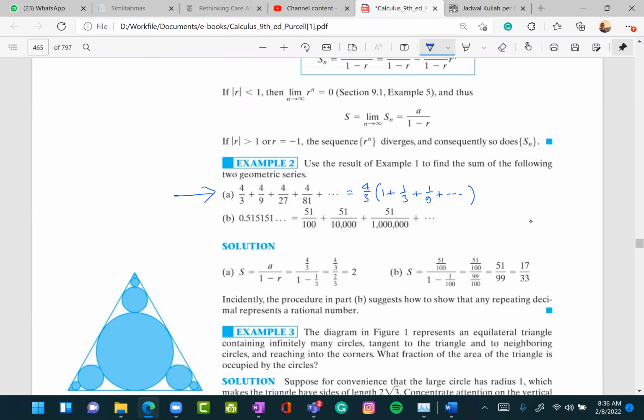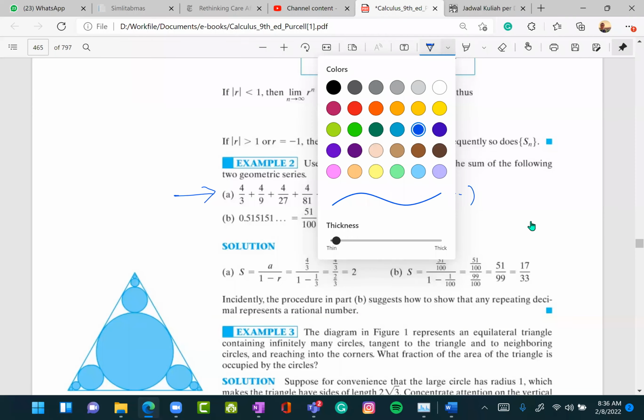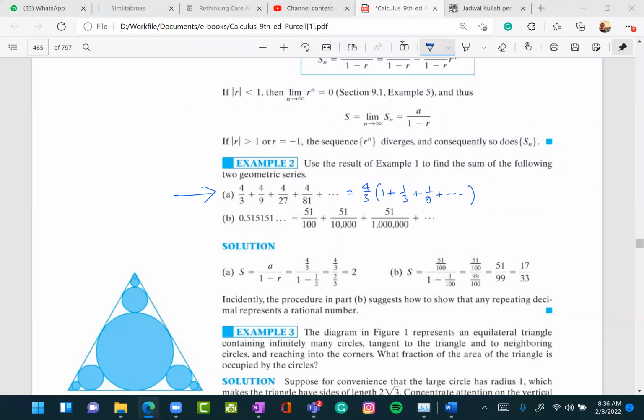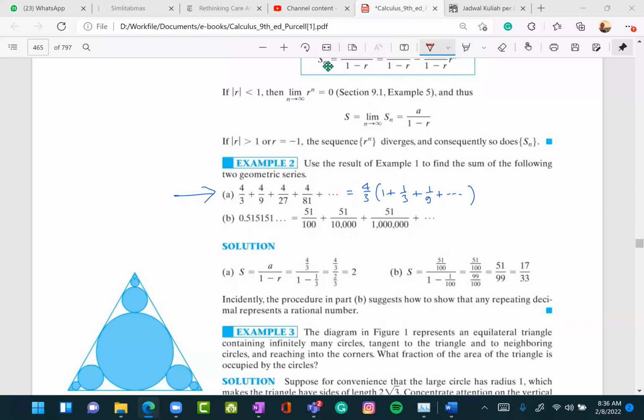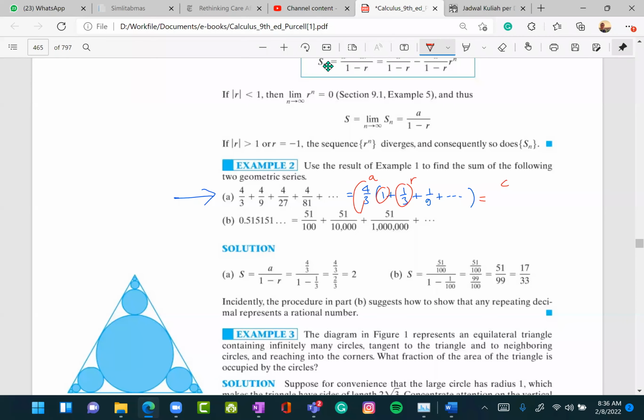In this case, this is A, and this is R. So this converges to 4/3 over 1 minus 1/3.